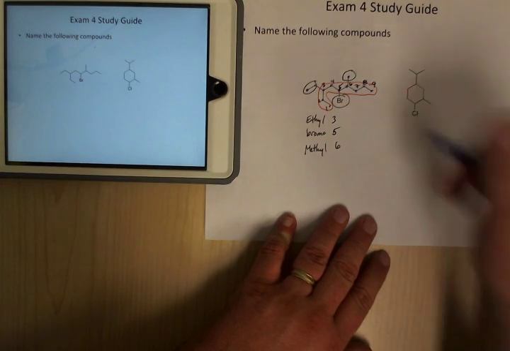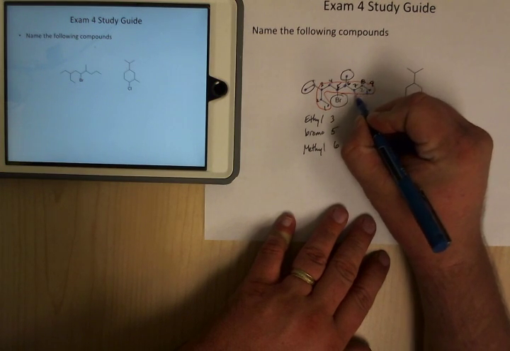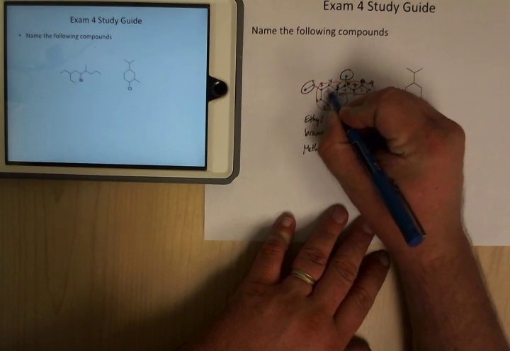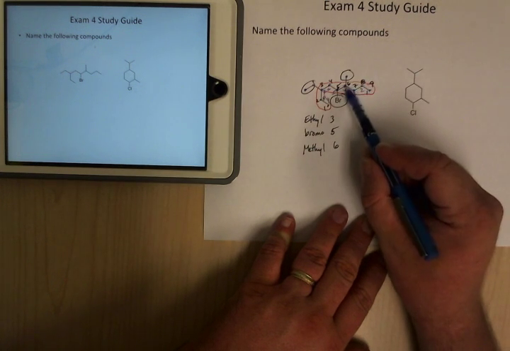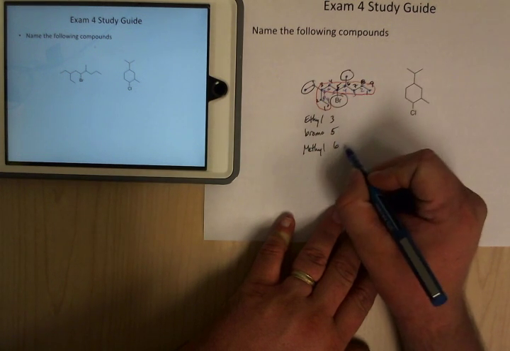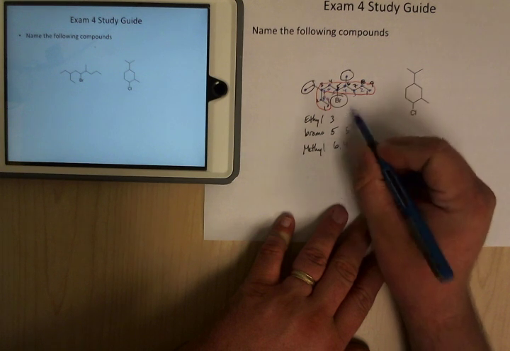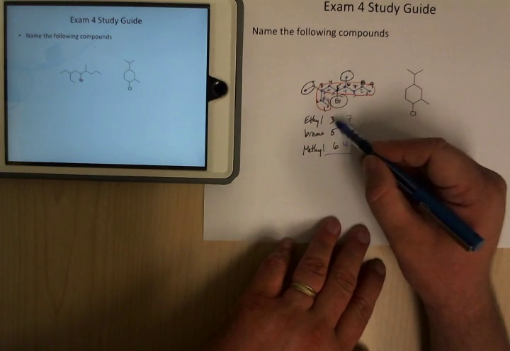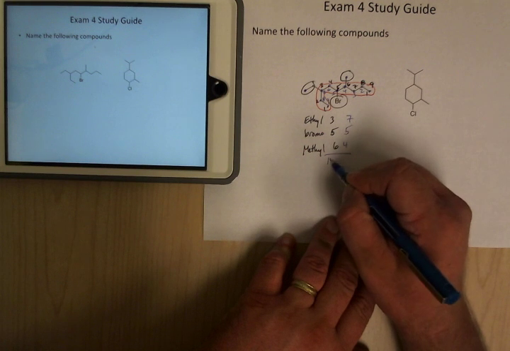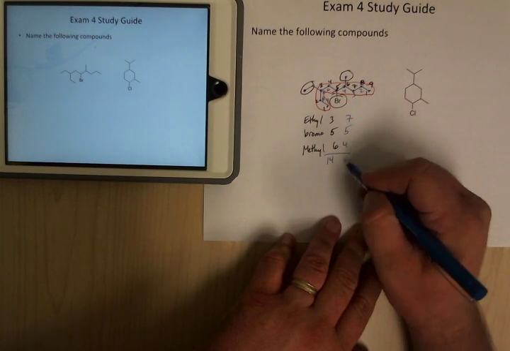The other option would be to go 1 through 9 the other way, so the methyl's at 4, the bromo's at 5, and the ethyl's at 7. This is 14, and this is 16.